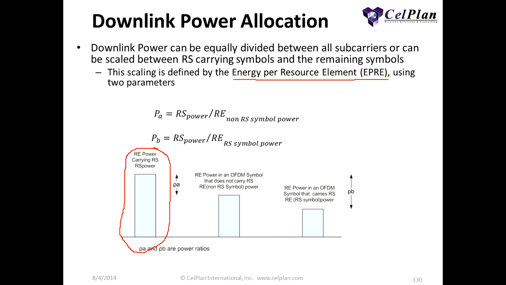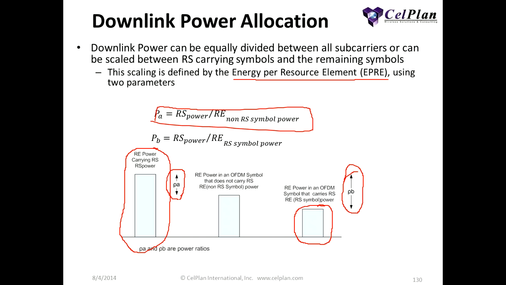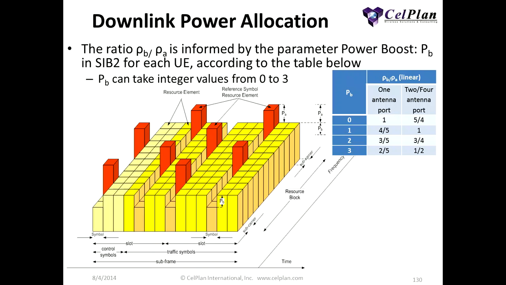Generally the symbols carrying reference signals can have a power boost that is defined by PA, and because these have a power boost, the other resource elements that are in the same symbol will have a power reduction called PB. And the resource elements in symbols without reference signals will have an average value.